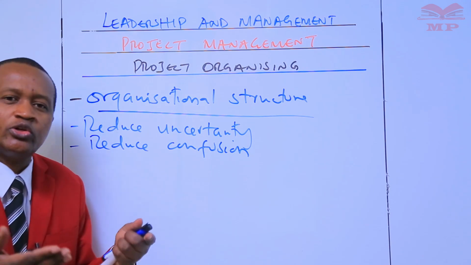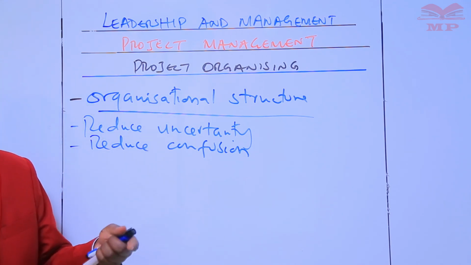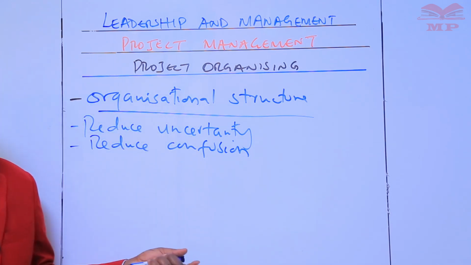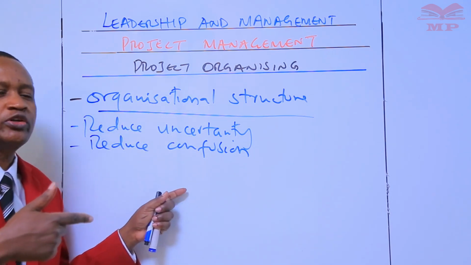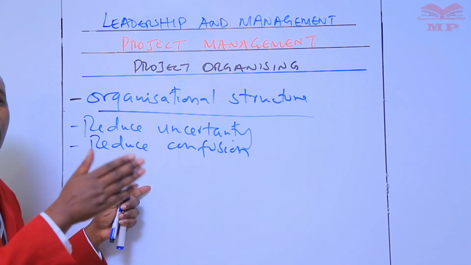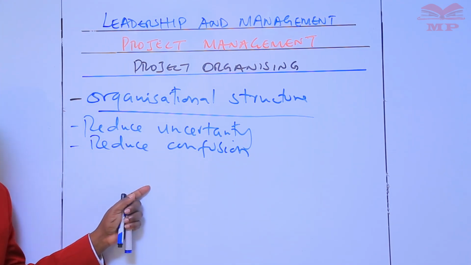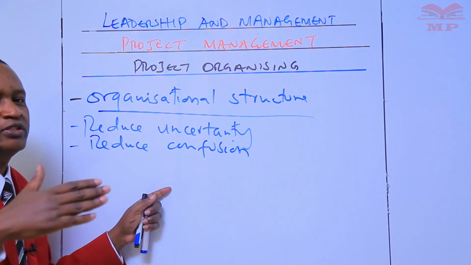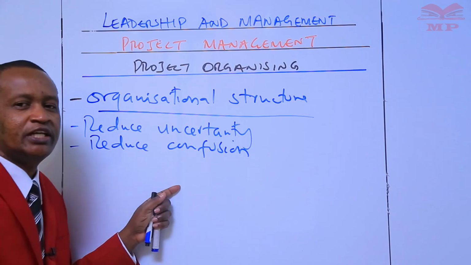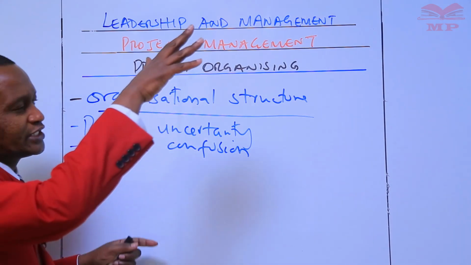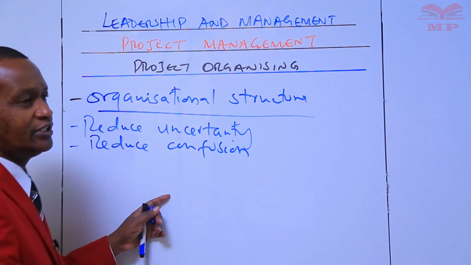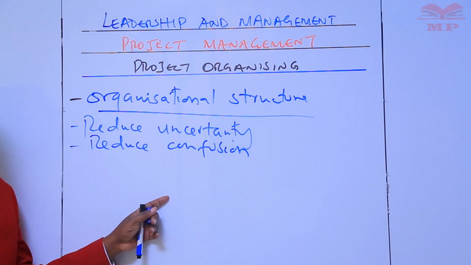Why? Because it shows where each person is placed in the organization structure, and it is sometimes drawn in a pyramid form, where individuals located closer to the top of the pyramid have more authority and responsibility than the individuals located below, at the bottom.